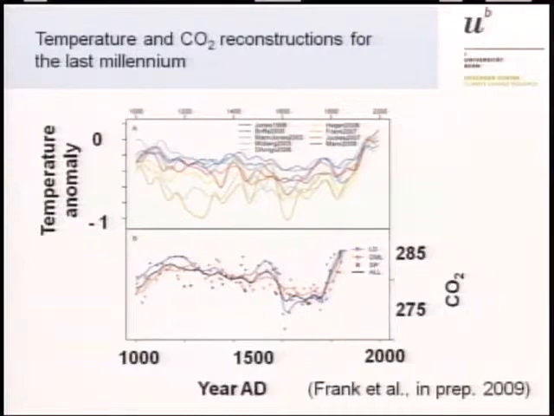But what's typical is that the records show temperature fluctuations over the whole millennium. In contrast, in the lower panel, you see the fluctuations in the CO₂ as measured on the Law Dome ice core, a high accumulation ice core in Antarctica, and also as measured at the South Pole and another ice core.